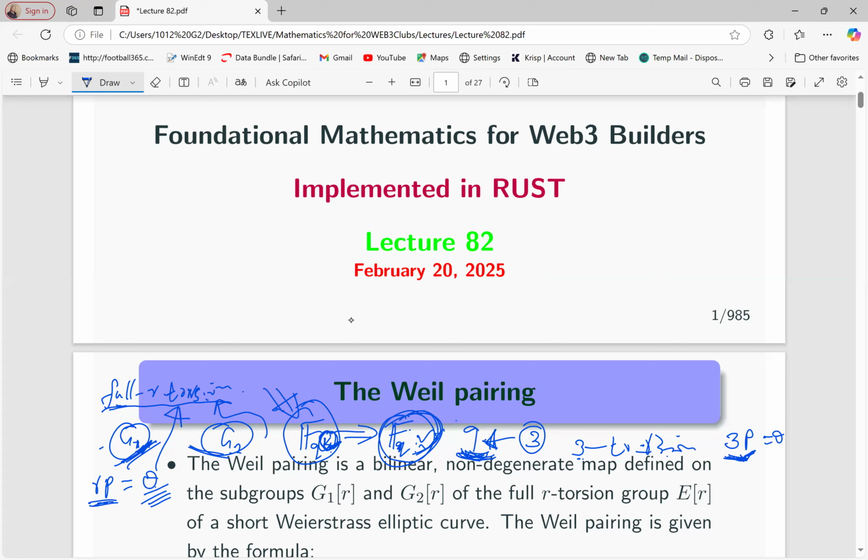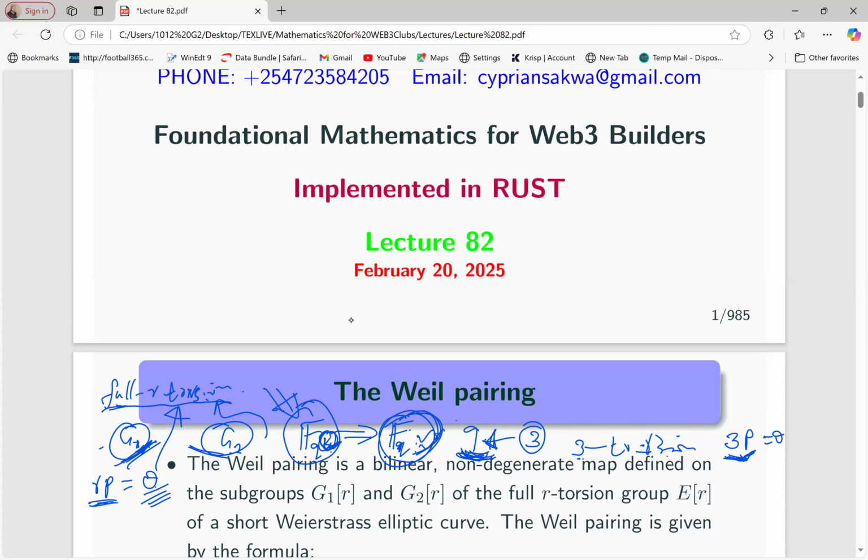What about G2? Just again a reminder, our G2 would be comprised of points of the full R-torsion group, in this case, the full 3-torsion group.